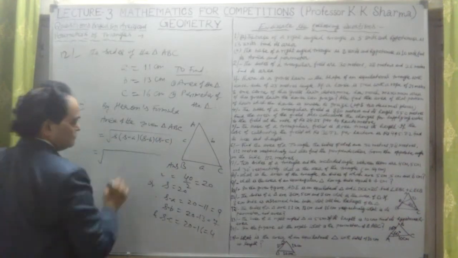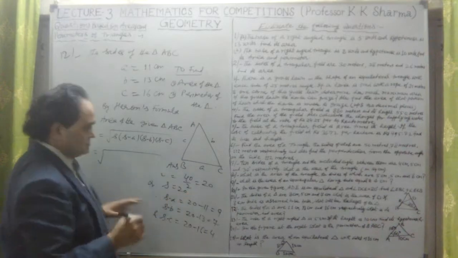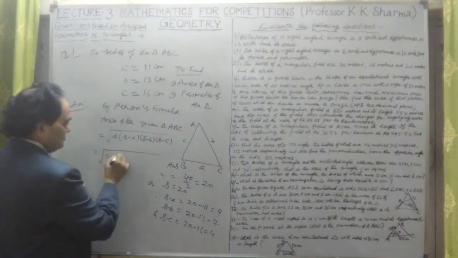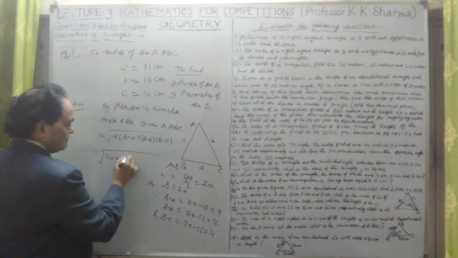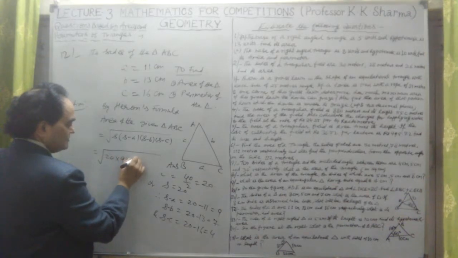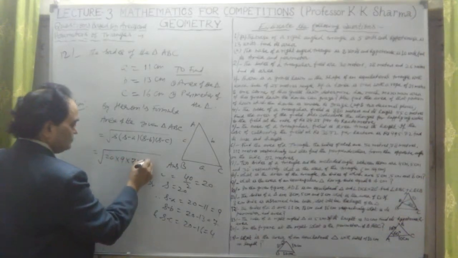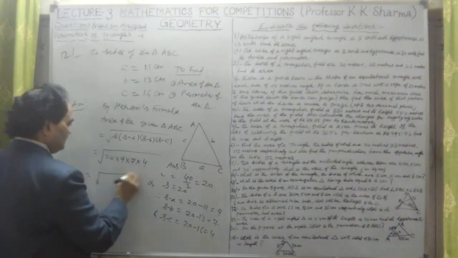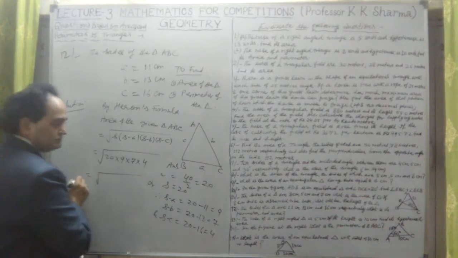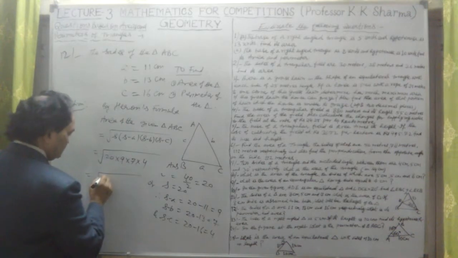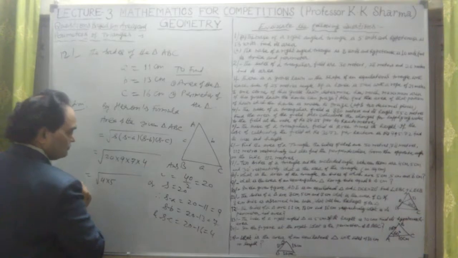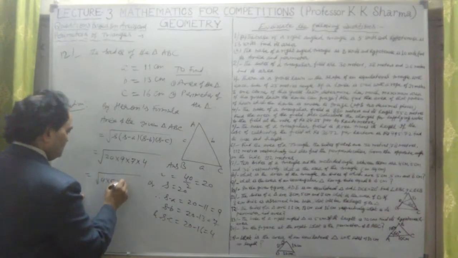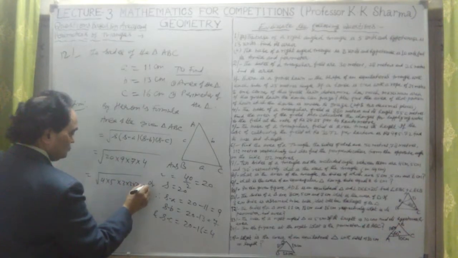Substituting the values: s is 20, into 9, into 7, into 4. Let me now factorize this. 20 means 4 into 5. 9 means 3 into 3, 7, and 4 means 2 into 2.